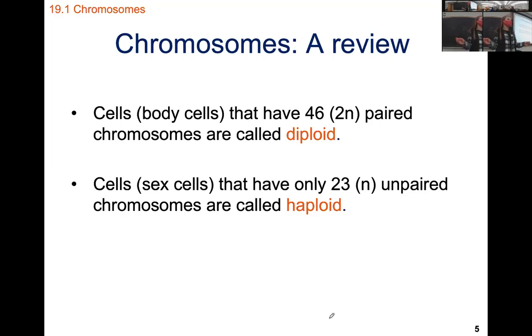So only in the sperm and egg do we see that haploid, and it makes sense. The sperm's goal in life is to fertilize an egg. And if we had 1N plus 1N and they come together, it makes 2N. It makes a fertilized egg with the correct amount of chromosomes that can divide and replicate.